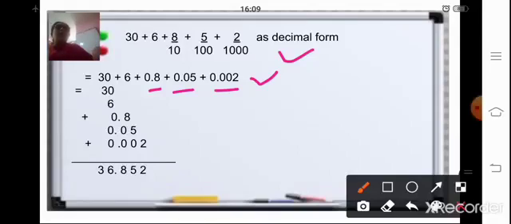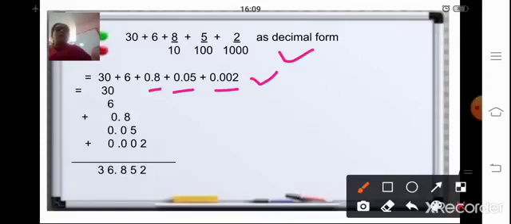Now what you have to do is, you will add all the numbers. Now 30 and 6 is a whole number, so you will add 30 and 6. And 0.8, that is after the point, that is a decimal number. Then 0.05 and 0.002.